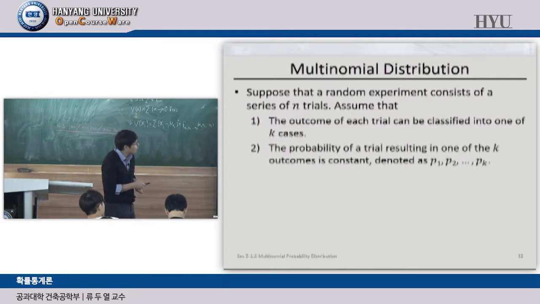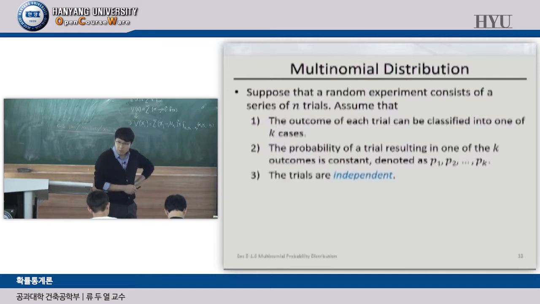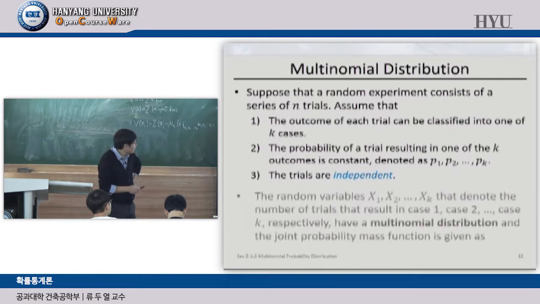And the probability of a trial resulting in one of the k outcomes is constant, denoted as P1, P2, ..., Pk, right? In this case, we have k cases, so each case has a different probability, okay? And the trials are independent, okay?